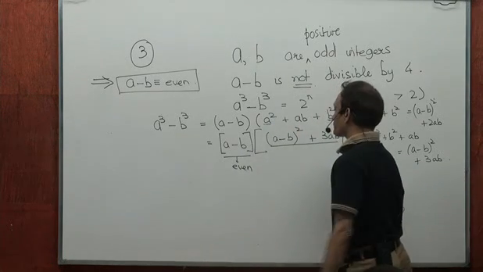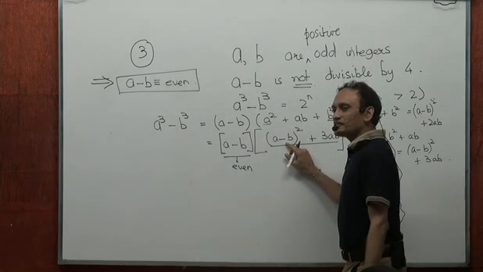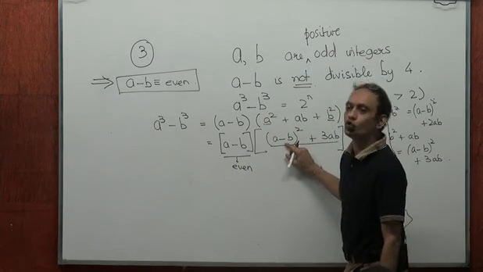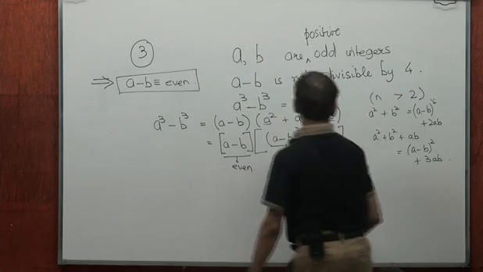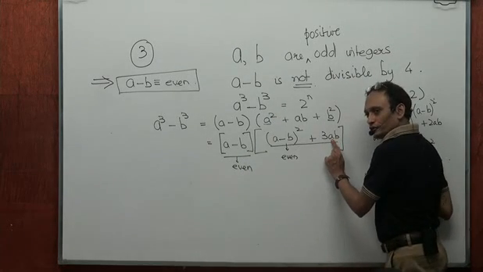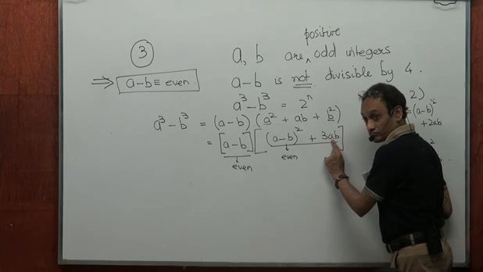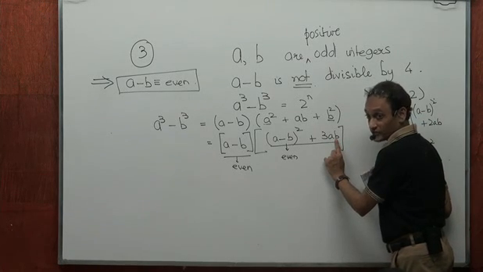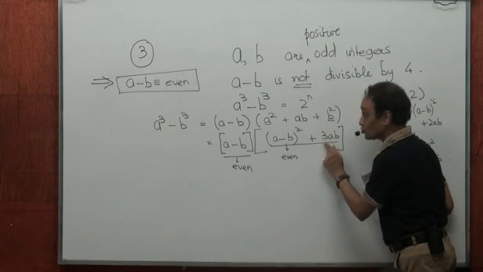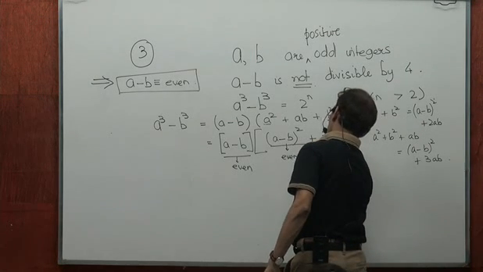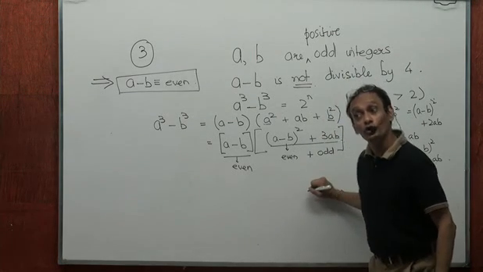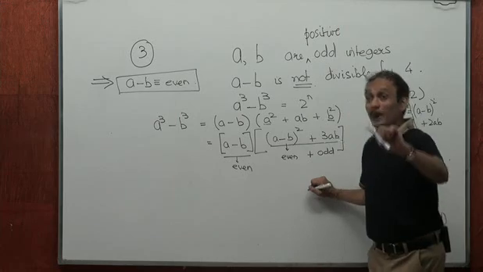This one, a minus b is even, so a minus b whole squared is also even. A is odd, given. B is odd, given. 3 is odd for sure, so this is odd. So even plus odd, what is that? Odd, right? Yes or no?